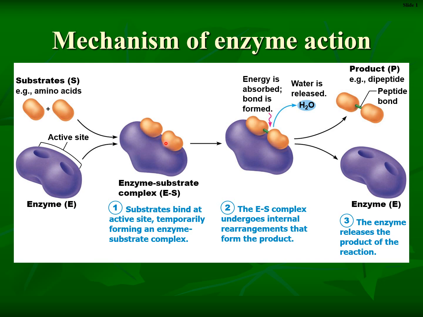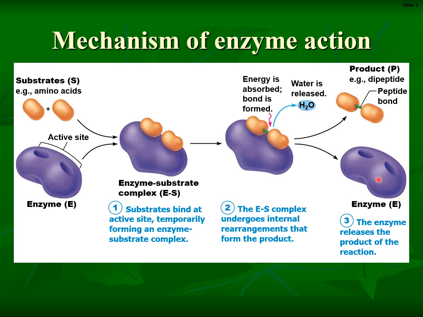If they didn't, they would just bounce off. You have a slight shape change, notice. It doesn't have to be major. It's just a slight shape change once the substrate has bound. You form your bond, you release the product. When the product is released, you have another shape change. Anytime anything binds or is released, there's always going to be what we often refer to as a conformational change.